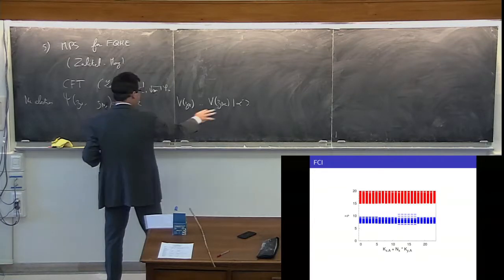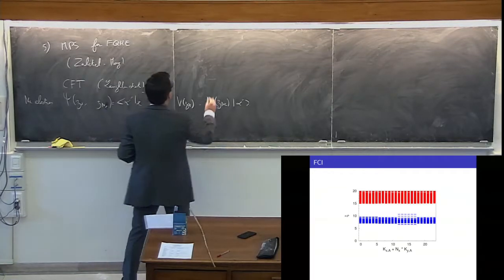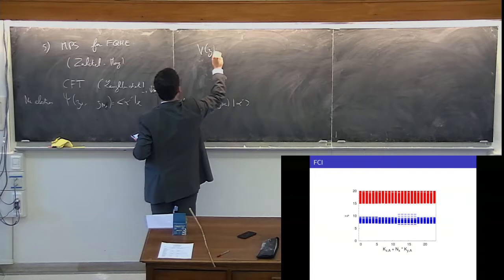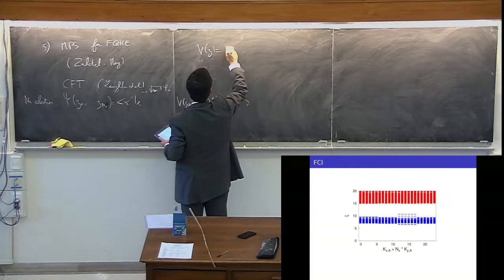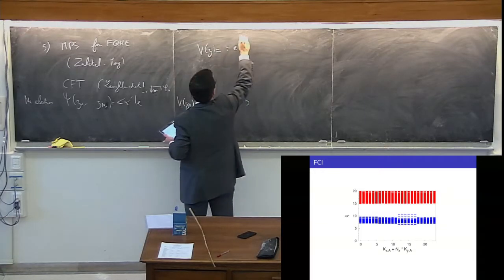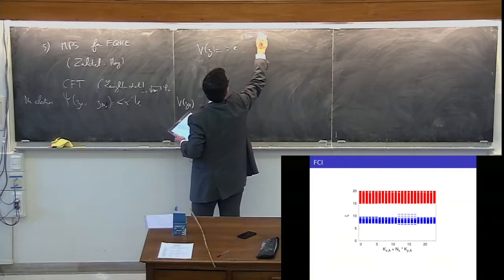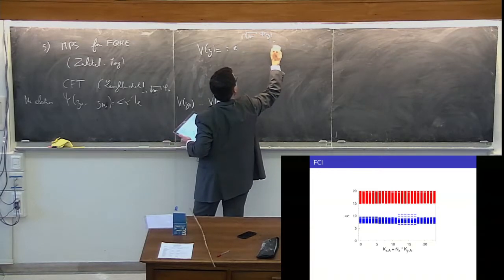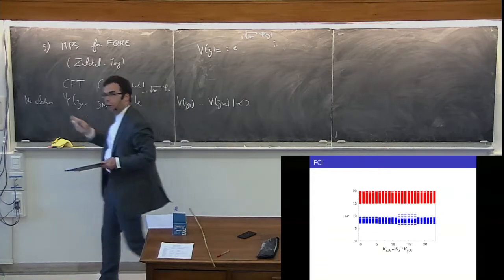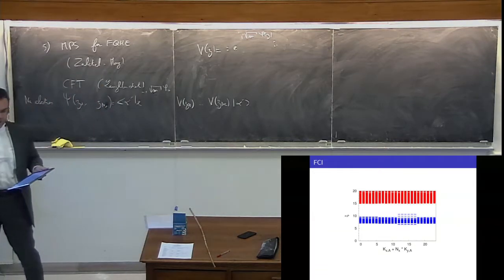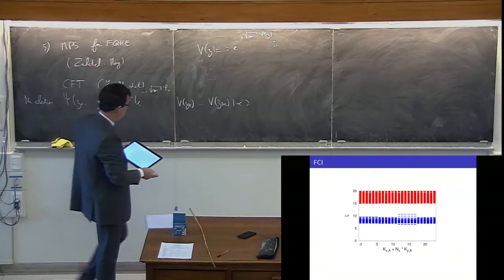These are the two boundary conditions. And the V(z), just to remind you, this is the vertex operator, exponential of i square root of m phi(z), where phi(z) is just a chiral field. It corresponds to the holomorphic part of the massless free boson.